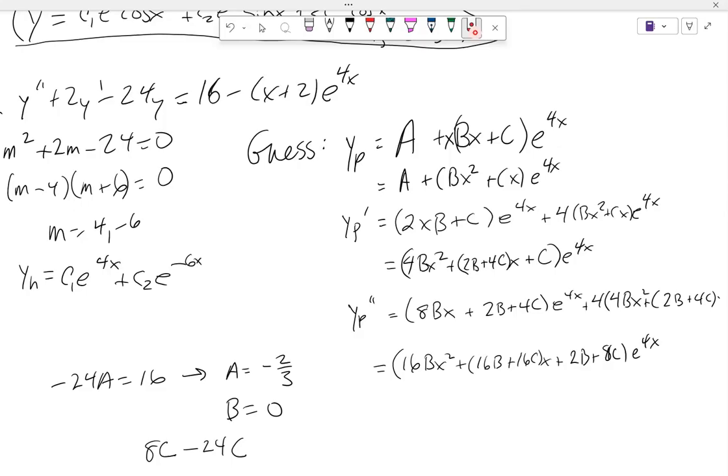Well, that's okay. I mean, that's okay. Because if I look at this last term, you get a 16c. That had to be, ooh. That would have had to be negative 1.